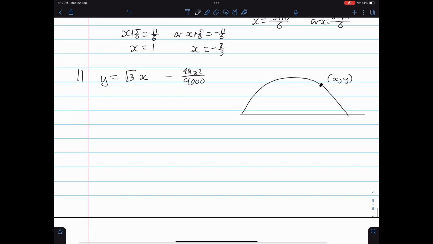So a range. We're trying to go from this part to this part. So the range is just going to be the distance between the two roots, the 2 times it'll be equal to 0.